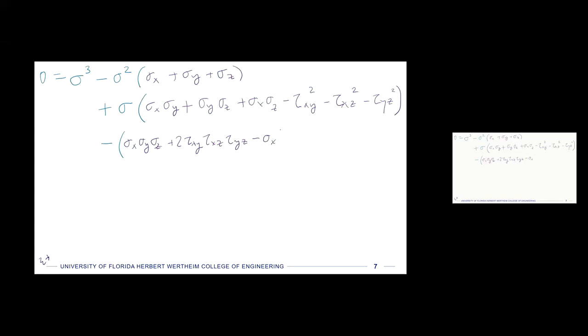Sigma x, tau yz squared, minus sigma y, tau xz squared, minus sigma z times tau xy squared. All right. So this is the general stress cubic equation.